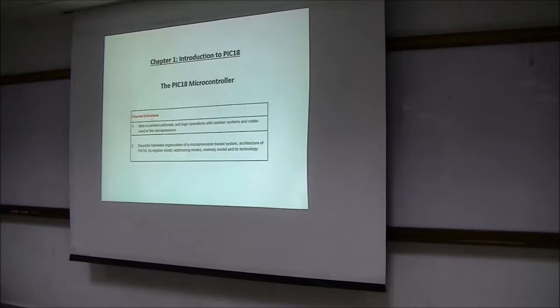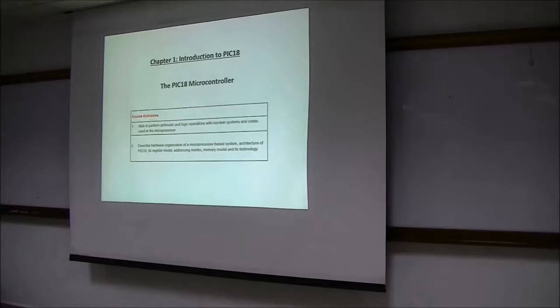We're going to enter now into chapter 1, which is actually the introduction to PIC 18. Remember, PIC 18 is the microprocessor or microcontroller that we will be learning throughout this whole semester. And the manufacturer is Microchip. So the course outcomes for this first chapter: first, to be able to perform arithmetic and logic operations with number systems, which we have done earlier, and codes used in microprocessors.